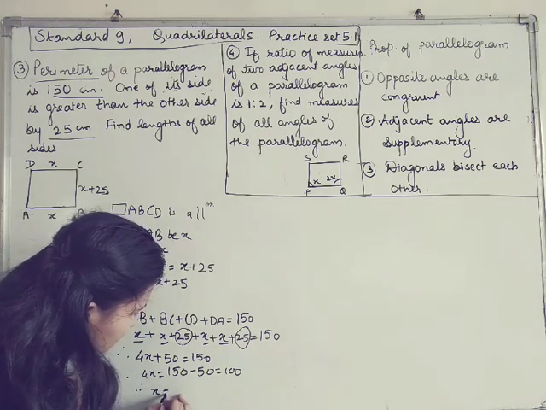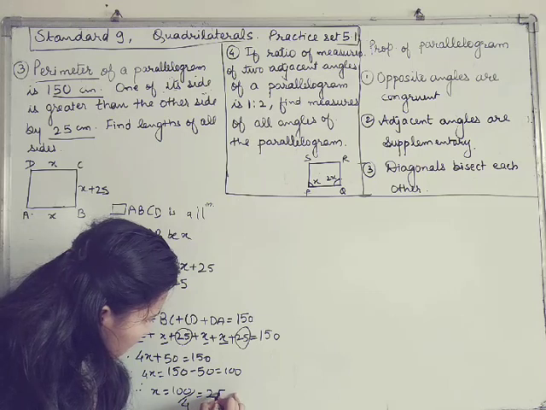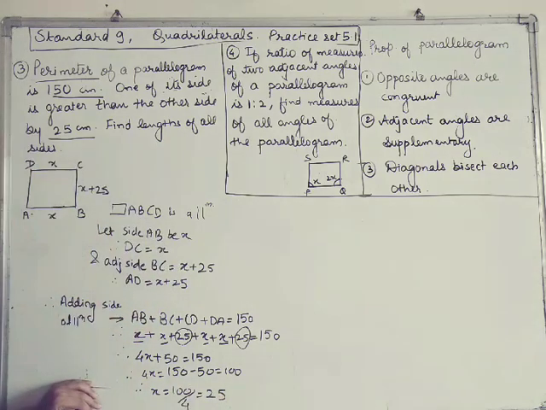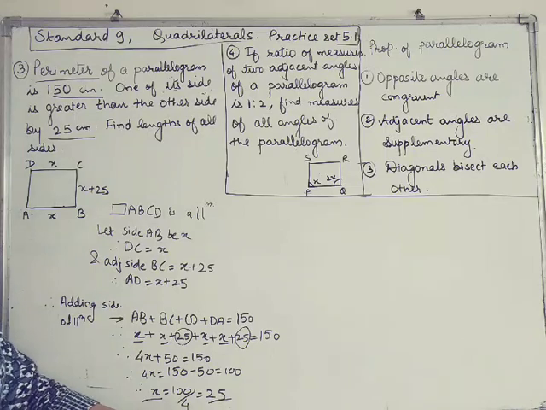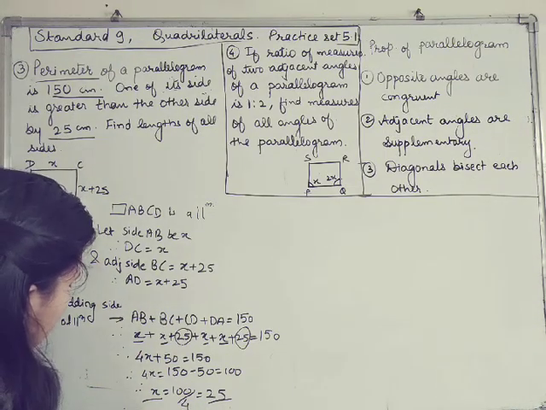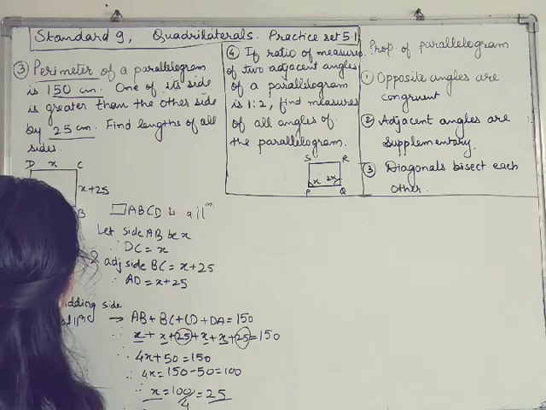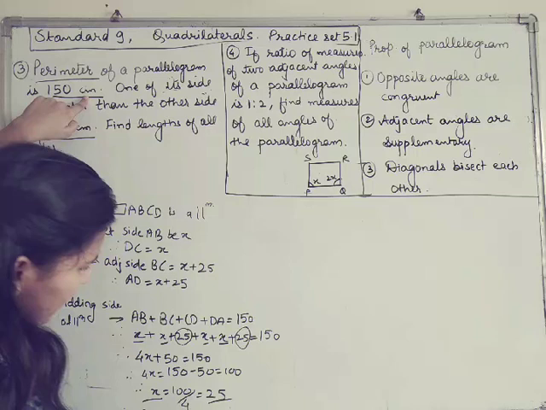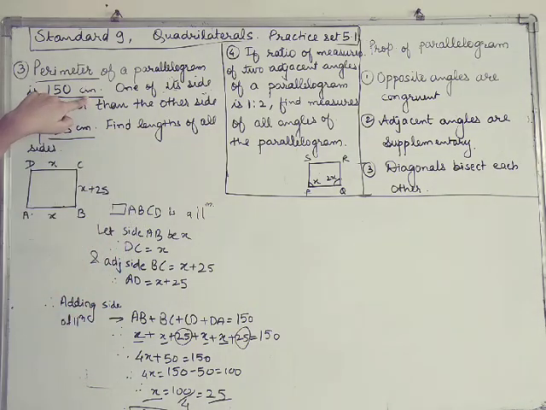So x is equal to 100 divided by 4, which is equal to 25. So we got the value of x, that is 25. So now if x is 25, that means AB is 25. What is the unit? It is centimeter.